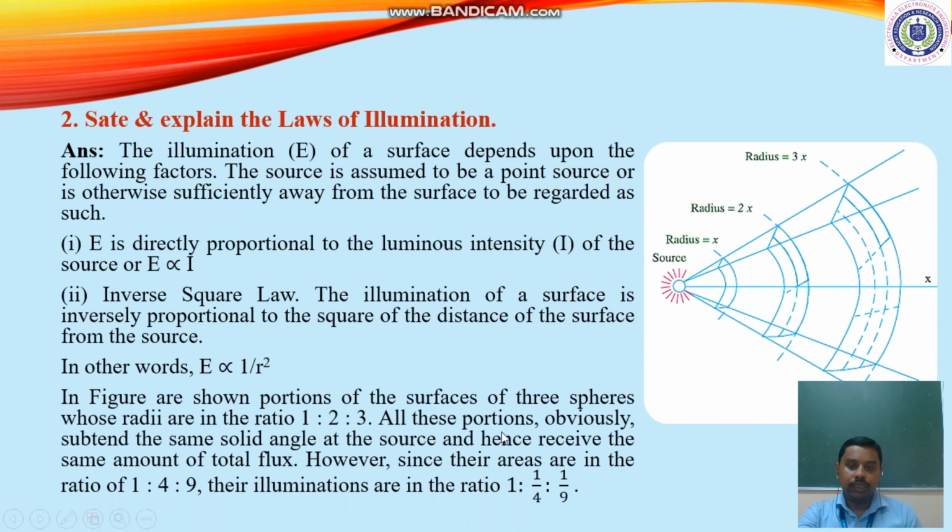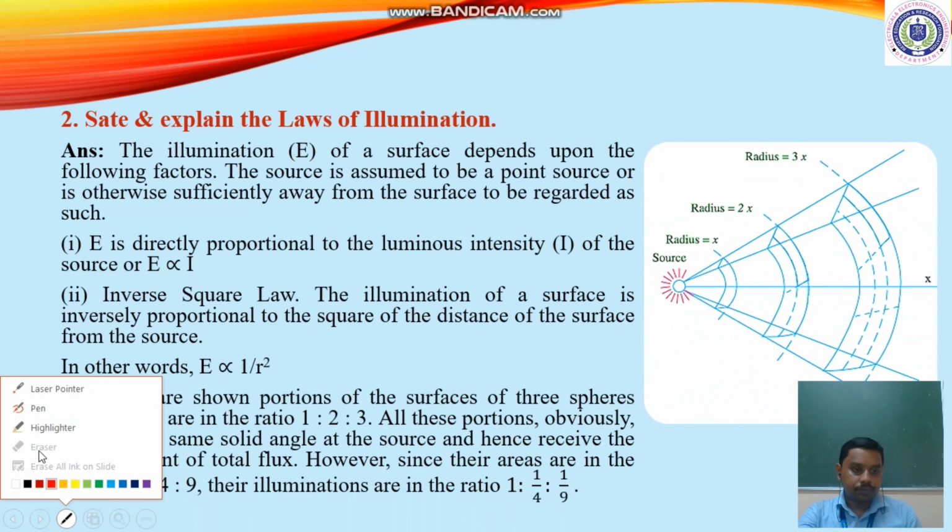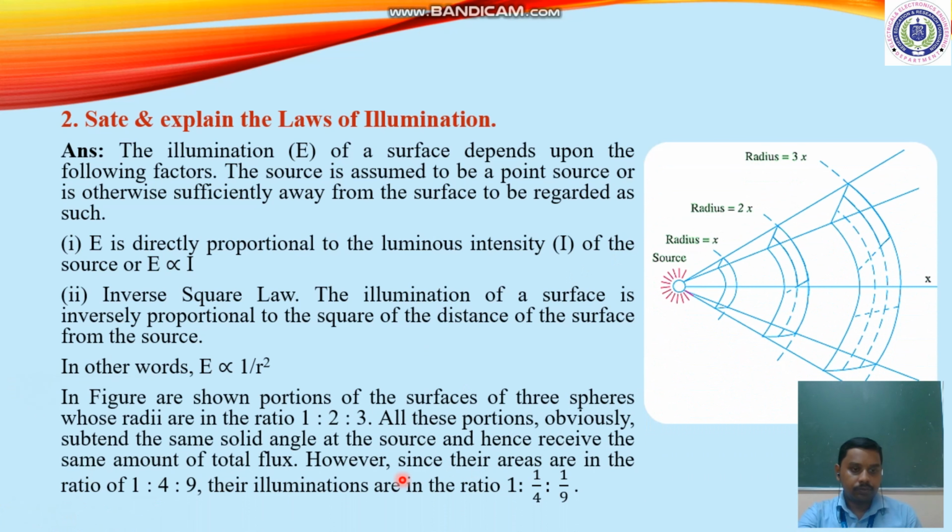Suppose in this figure, this is the source and this is the surface. The distances are x, 2x and 3x, so the surfaces are in the ratio 1 is to 2 is to 3, subtended by the same solid angle.